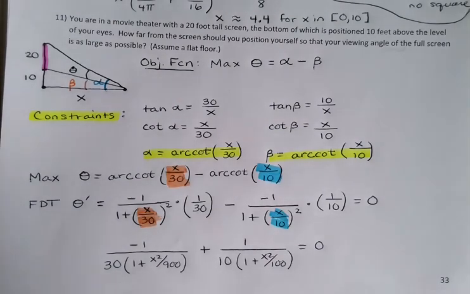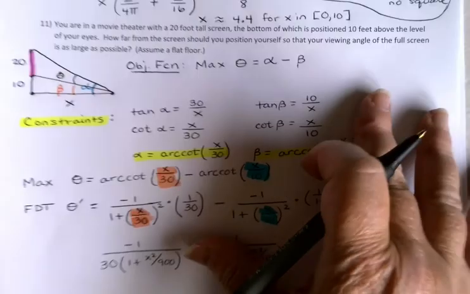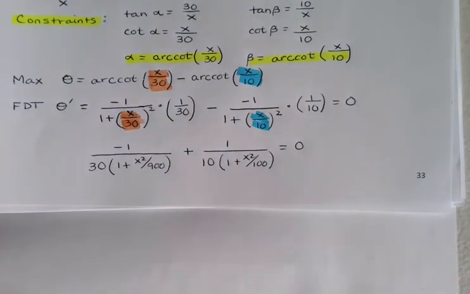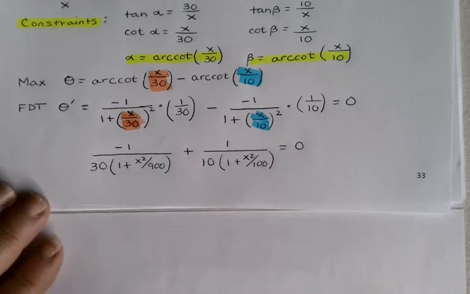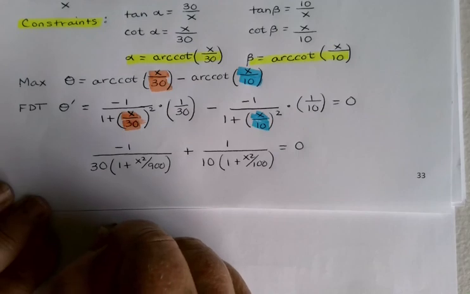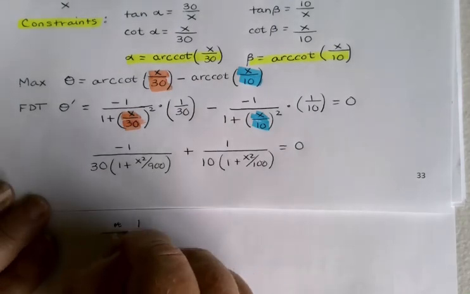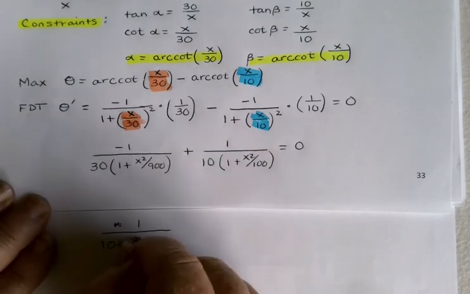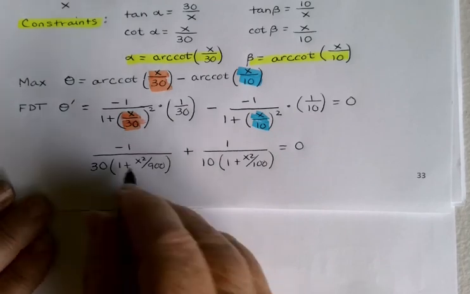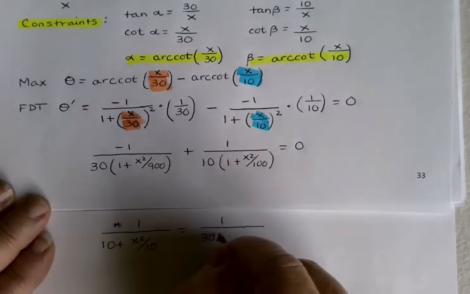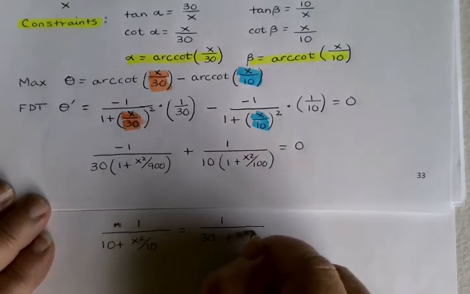I'm going to need a little more space here. Let's go ahead and move this term to the right-hand side. So, whoops. What's left here is going to be a positive 1 over, and I might as well distribute 10 plus x squared over 10. And then on the other side will become a positive 1. And again, I'll distribute 30 plus x squared over 30.